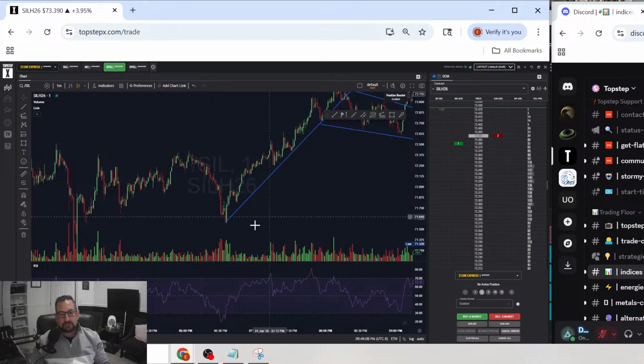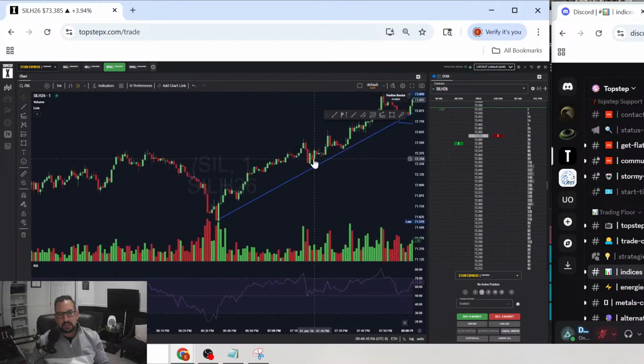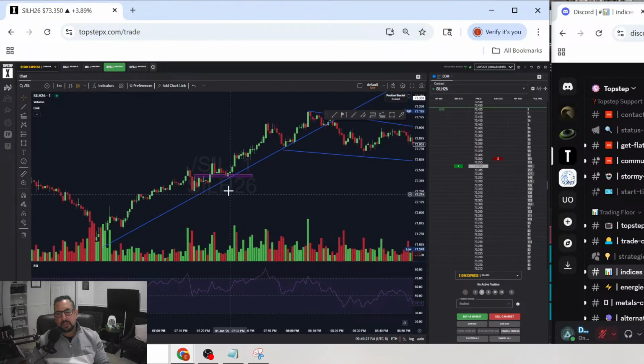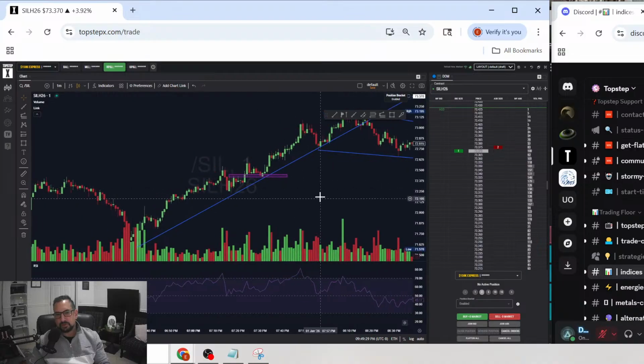Like when we have breakdowns like this, and then reclaiming this entire move, and then breaking through this level right here, this is bullish, 100% bullish. And I know right here that this is going to be the support. I want to watch things like this happening in real time. And then I want to trade the support and resistance zones.